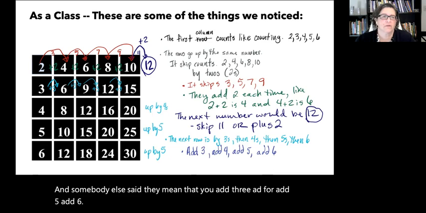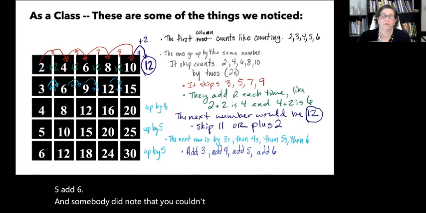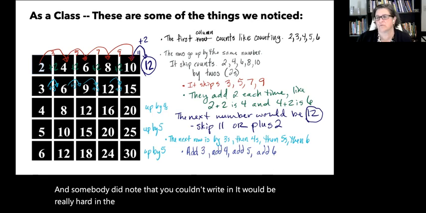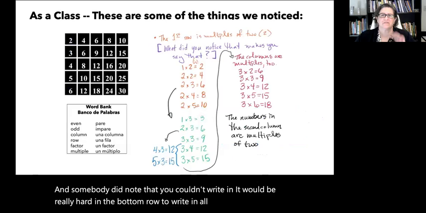Somebody did note that it would be really hard on the bottom row to write in all the numbers that were between, right? You'd have to write in 7, 8, 9, 10, 11. So children are thinking about the order of numbers. They're thinking about all kinds of things. They're looking at something that makes sense to them, and they're saying many of the same things in many different ways. That's really important.